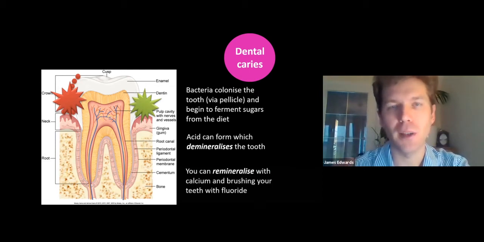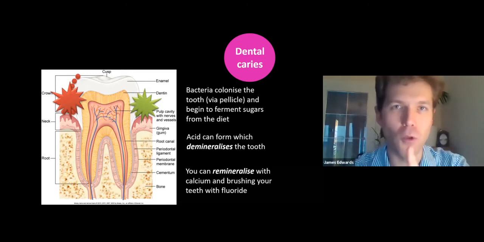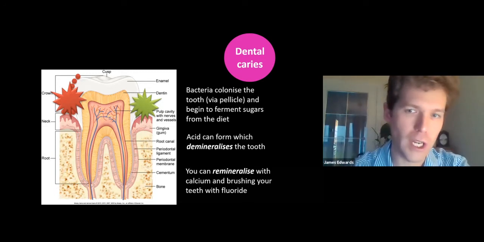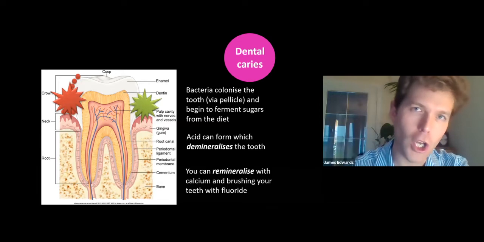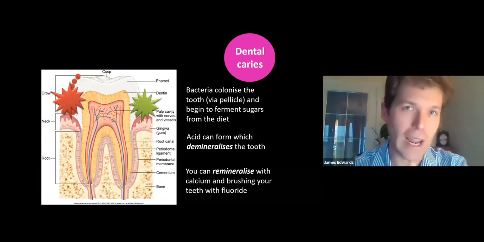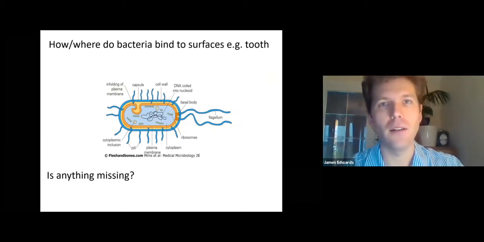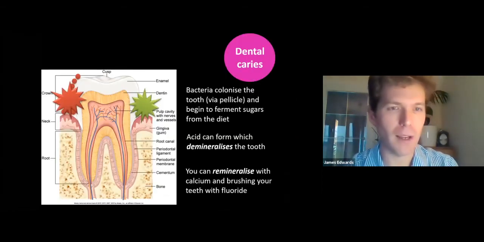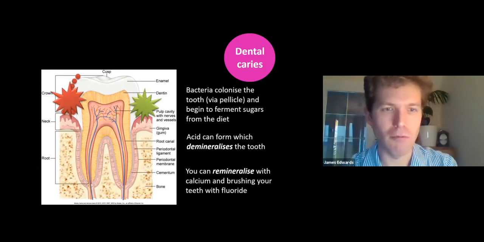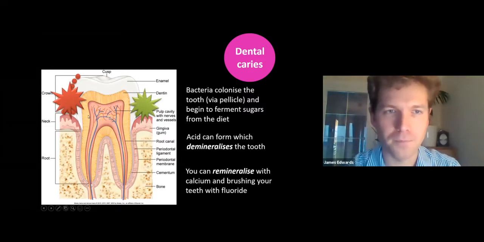So you can, in some way, correct some of that damage by normal oral hygiene. But if this is left unchecked, if you don't see the dentist ever, if you don't do these things, then you can start to see some erosion much further down.